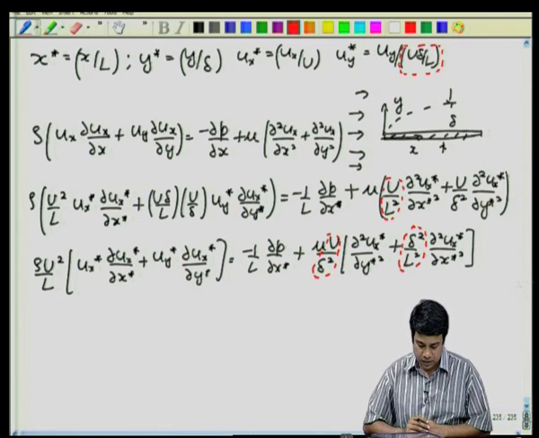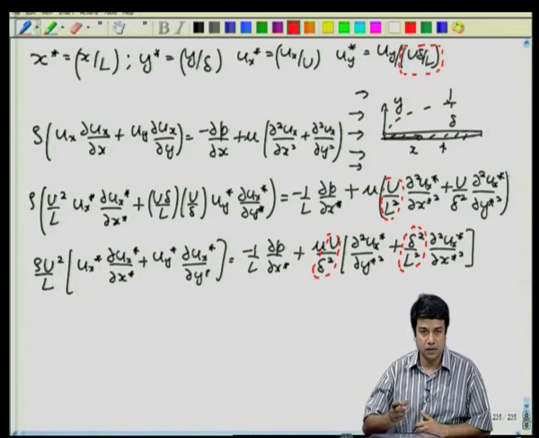So, I divide throughout by rho u square by L, and once you do that, that gives you a scaling for the pressure. Because when I divide throughout by rho u square by L, the prefactor of the pressure gradient is just 1 over rho u square.